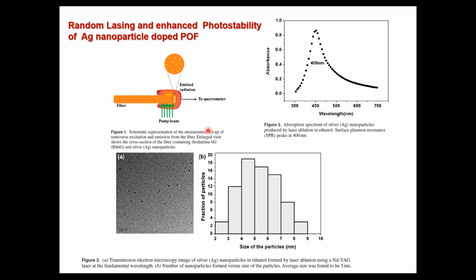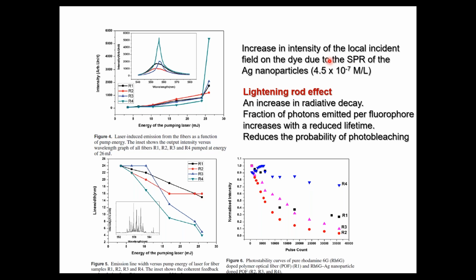One method that we tried was to incorporate some metal nanoparticles into these structures along with the fluorescent material. Along with the fluorescent materials, silver nanoparticles were also incorporated, and that resulted in better photostability, because we know there is a phenomenon called SPR, surface plasmon resonance.